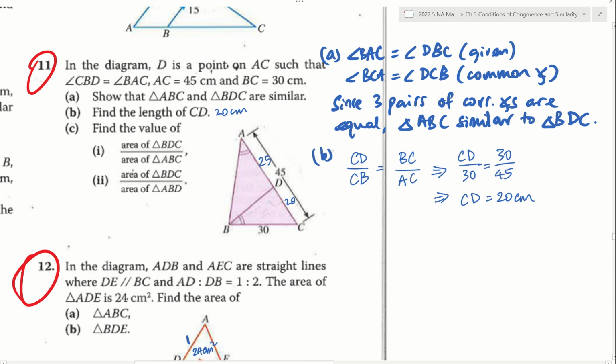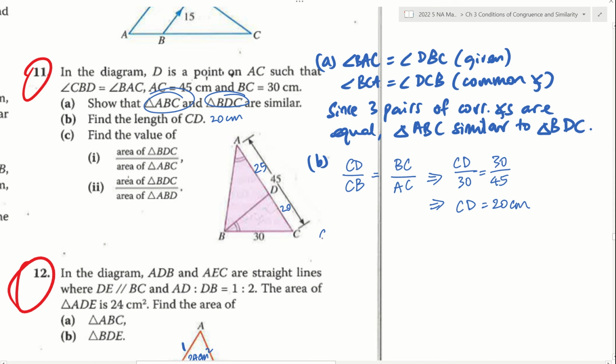Next one, find the value of area BDC over area ABC. These two are similar triangles. As long as I have the ratio of the sides, I square it, and I get the answer. I'm pretty sure I have the value. So part C1, area of triangle BDC over area of ABC.